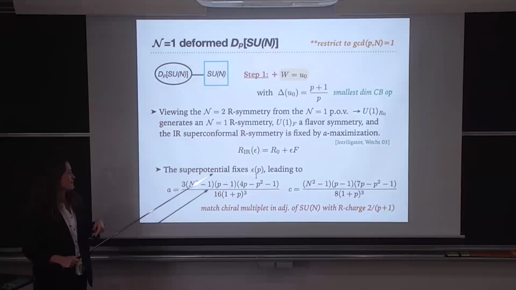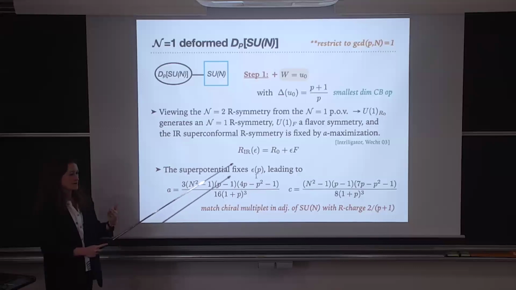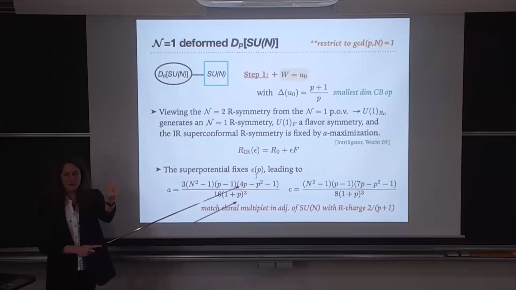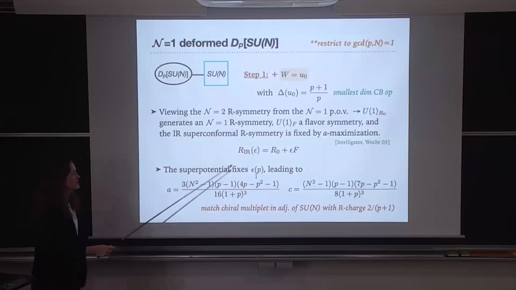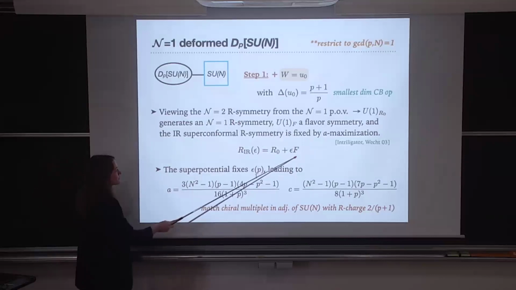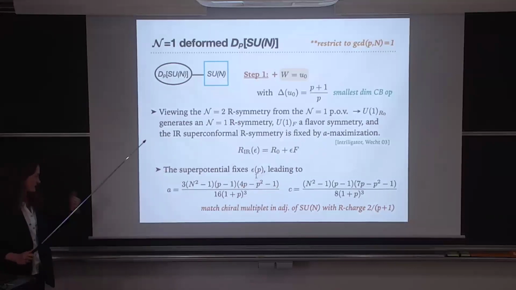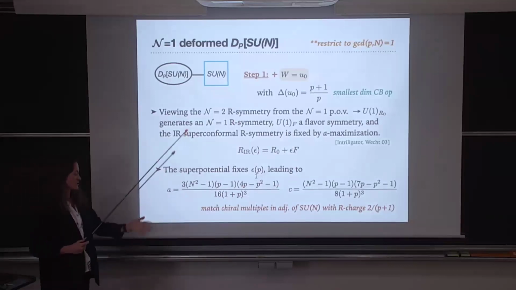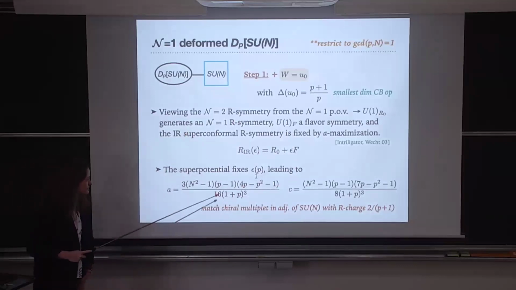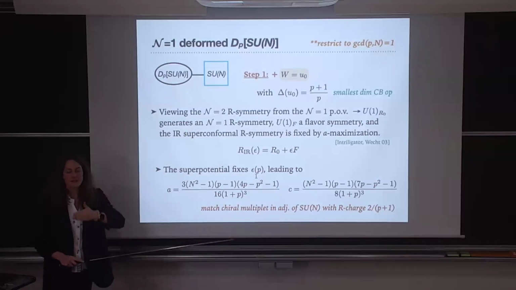And then I can compute the R symmetry of the putative superconformal fixed point after adding this deformation. It's going to be in general some mixture of these two U1 symmetries, and I can compute it by a-maximization, which is very, very useful for looking at renormalization group flows amongst N equals 1 theories. And so I can do this. I'm not really describing all the details, but the point is, this is an explicit computation.